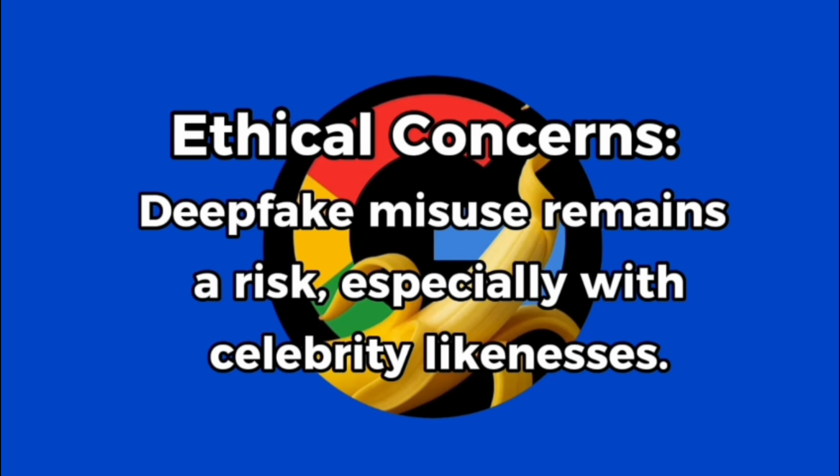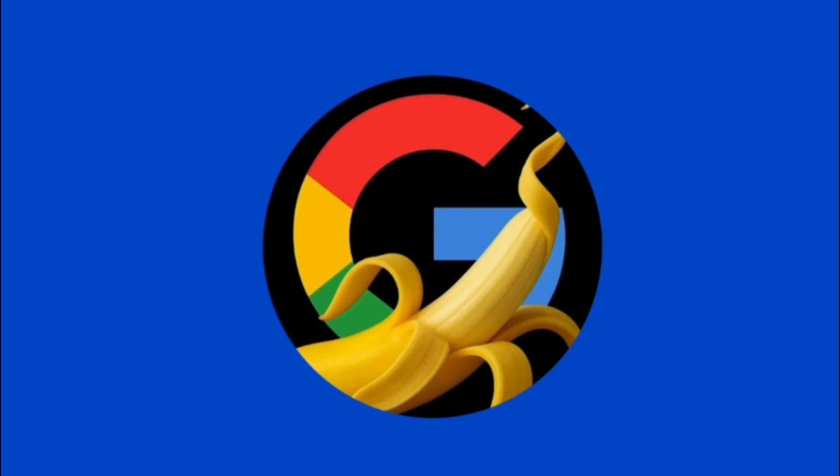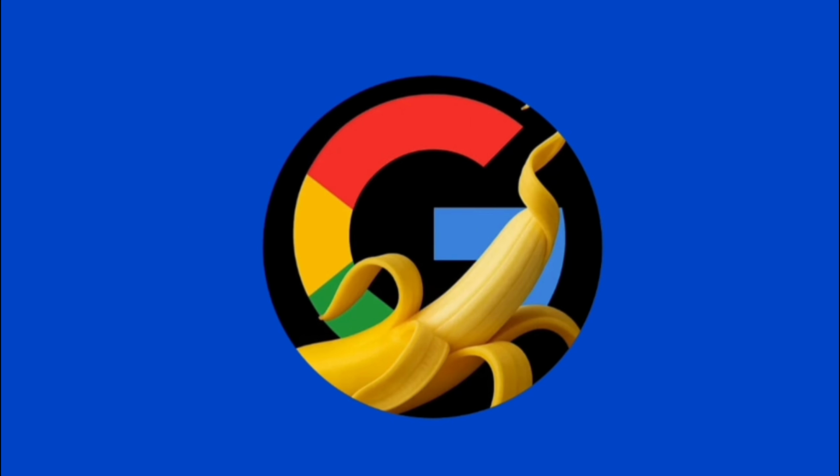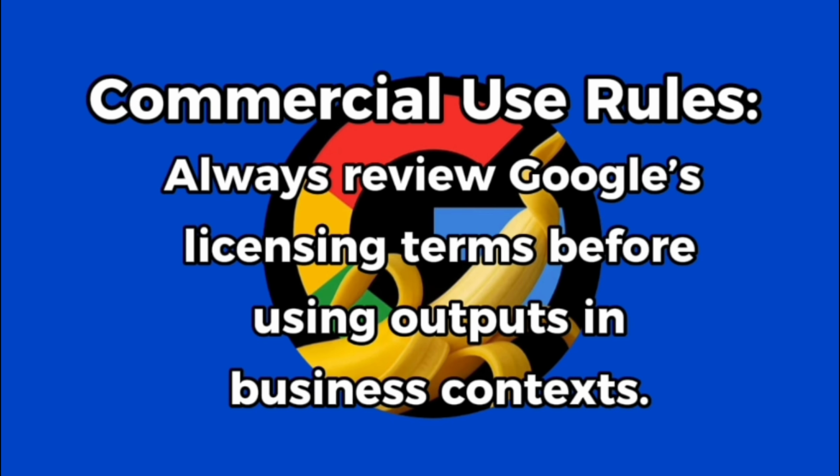Ethical concerns: deepfake misuse remains a risk, especially with celebrity likenesses. Google's watermarking helps, but responsibility lies with the user. Commercial use rules: always review Google's licensing terms before using outputs in business contexts.